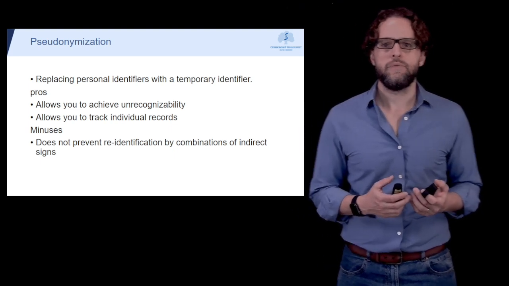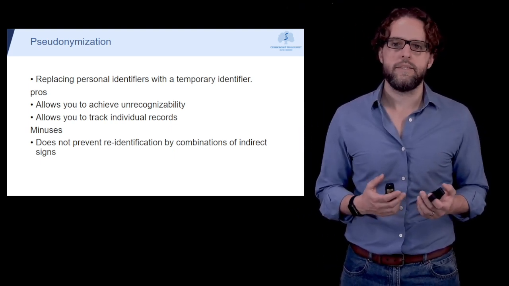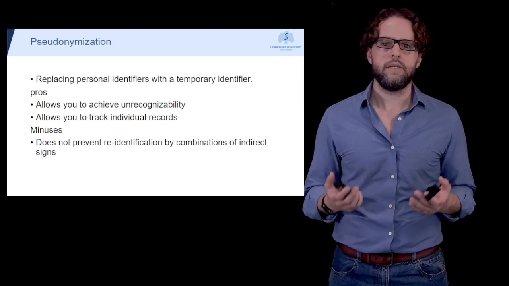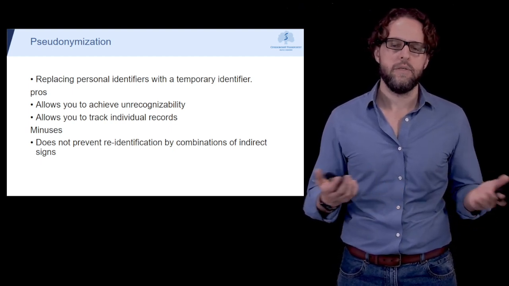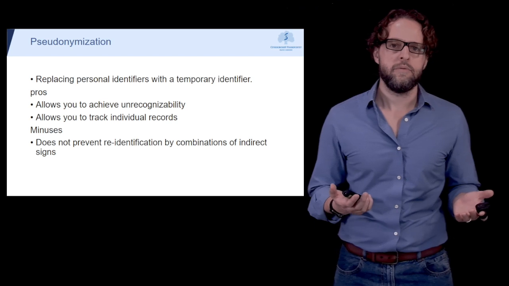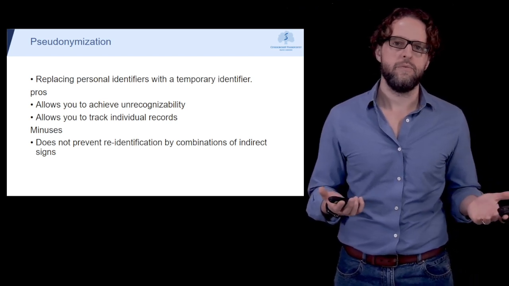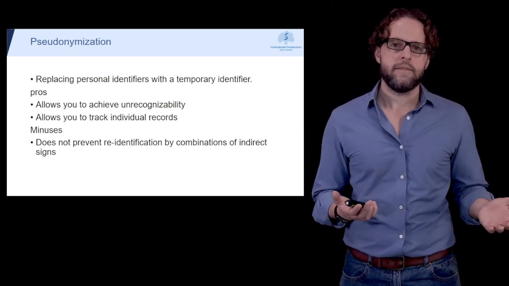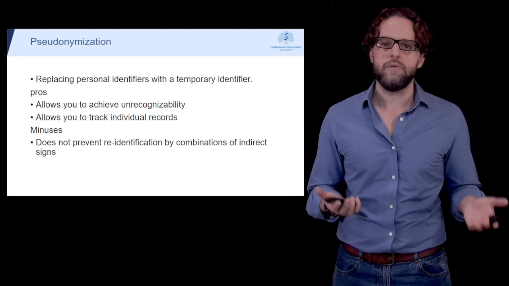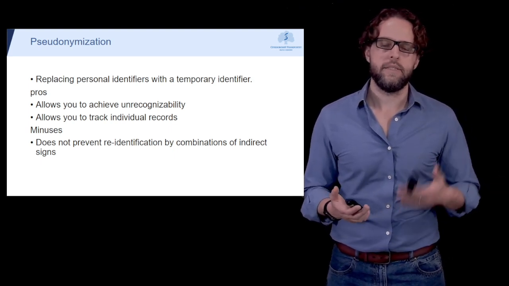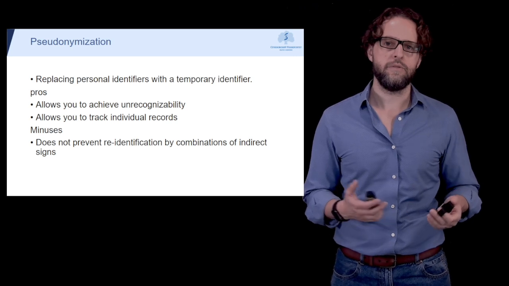This method allows you to track an individual record over time, even if the record is updated. So it's a quite important point. If you anonymize this data, you will not be able to link this data with the next studies related to this person.